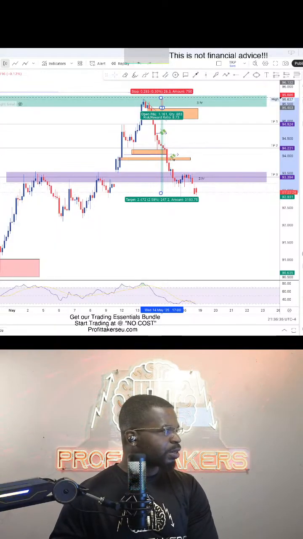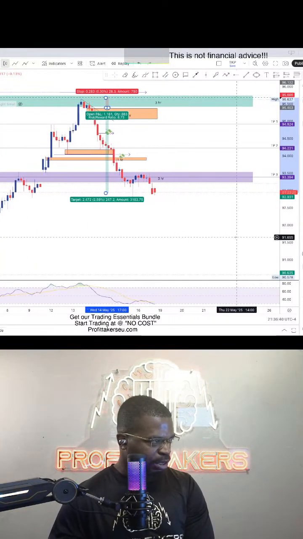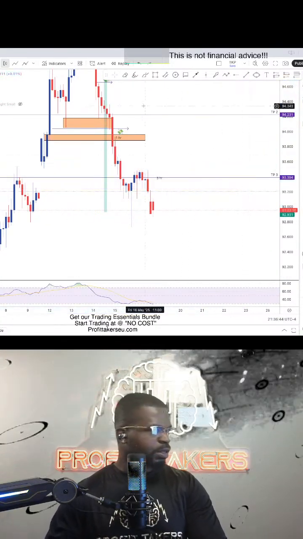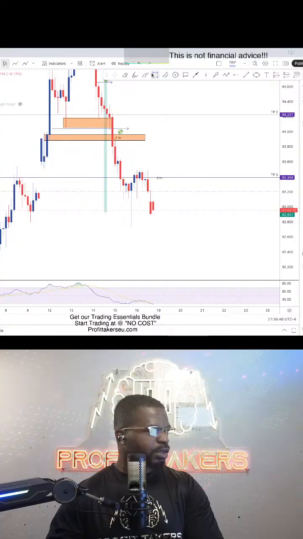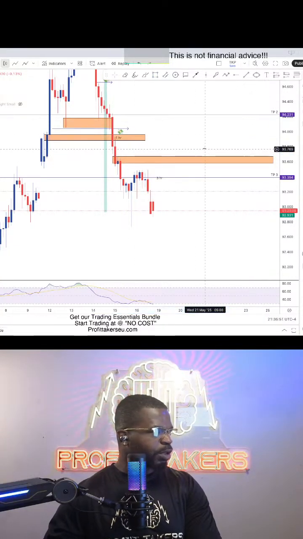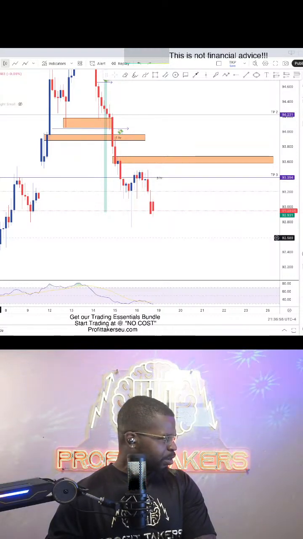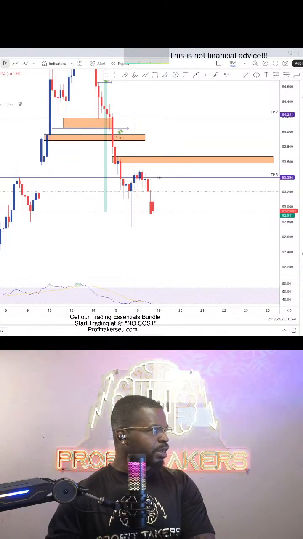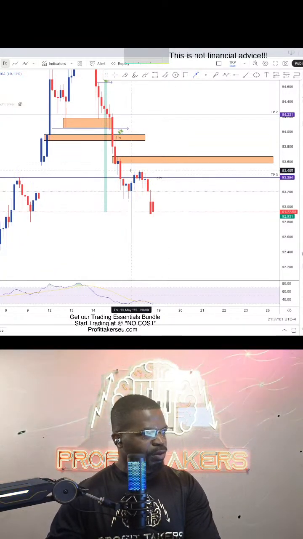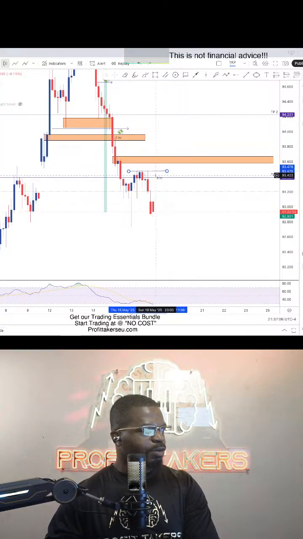On a 3 hour, there's a chance we could see a slight pullback. So right here, I'm going to place a limit order at that area. This wick hit the 200-day EMA. These relatively equal highs gave us some stop losses right there.